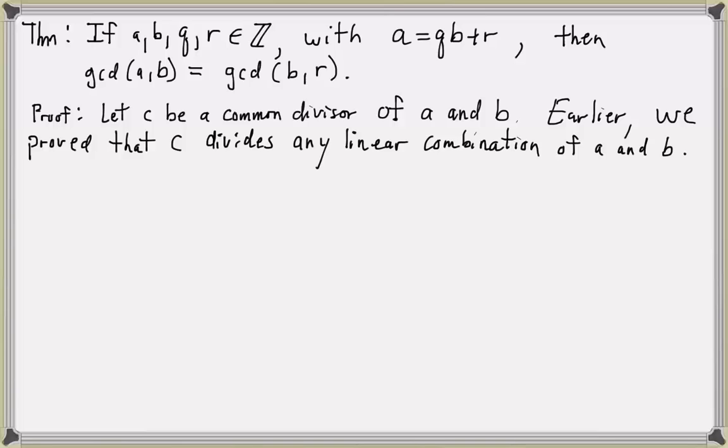But R is a linear combination of A and B because I can write R as A minus QB.